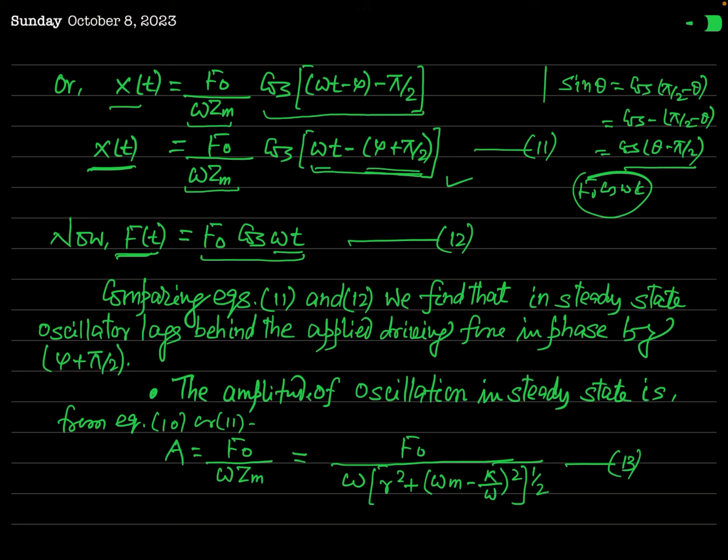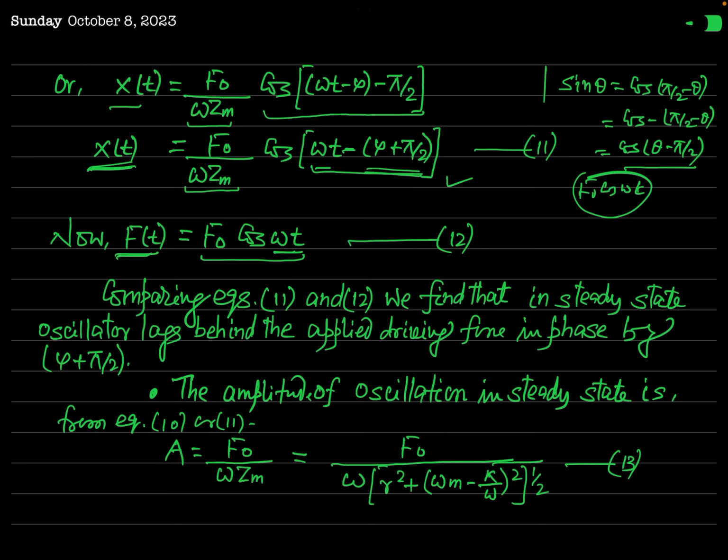So phi plus pi by 2 is the phase difference between the applied driving force and the oscillator. Now, since here there is a minus sign, you can say that at a particular time the phase of the oscillator is lagging behind the phase of the driving force.